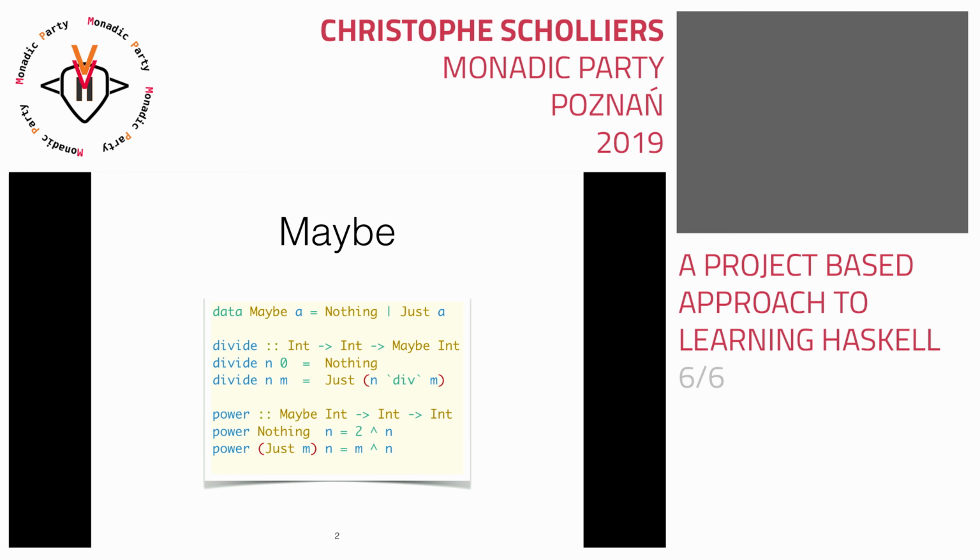Well, in lots of cases, we could have used a Maybe there. But as you see, if you divide something, you get a Maybe Int. It will be percolating throughout your whole program, because the next function that you use should be able to deal with this Maybe. Yeah? And so all of the functions that depend on the divide should be able to work with a Maybe Int. That's really important.